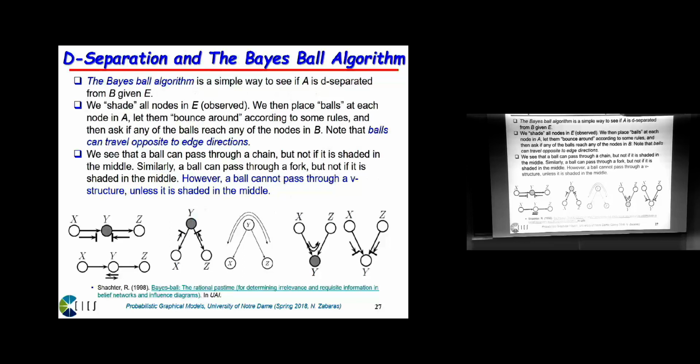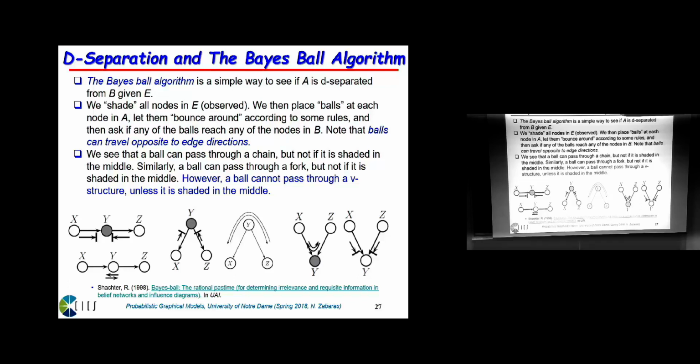So, this Bayes-Ball algorithm. The thing is, when you start putting these topics in place 20, 30 years ago when people were doing that, you can call anything. I don't know the history, and I think it's very possible there is a reference in 1998 that introduced this concept of Bayes-Ball.